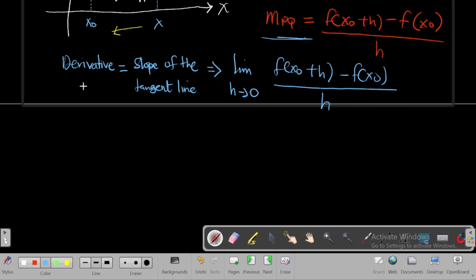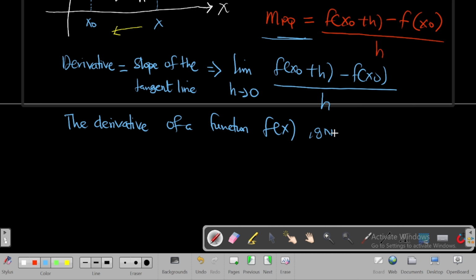All right, so generally, if we are asked to find the derivative of a function f of x, then the derivative, f prime of x, will be equal to the limit as h approaches 0.